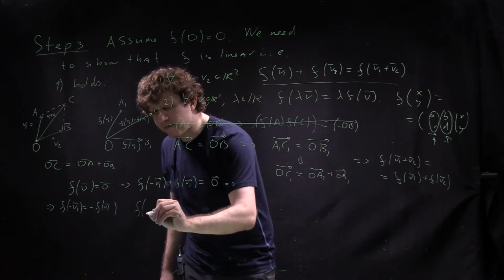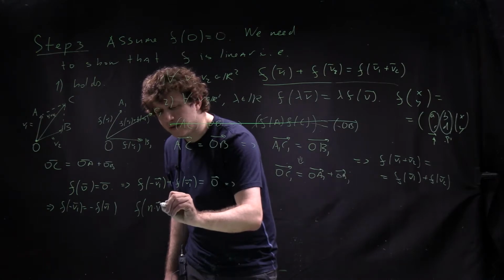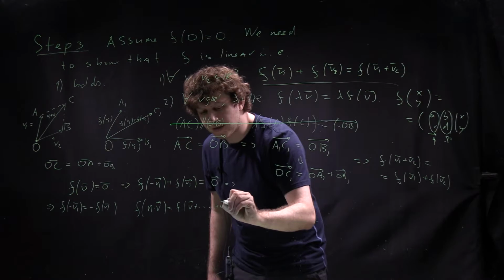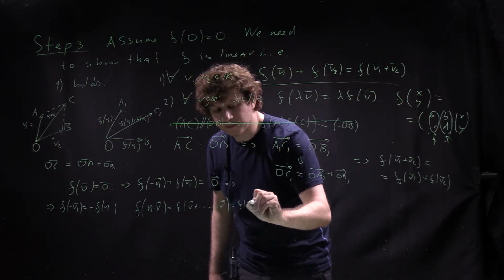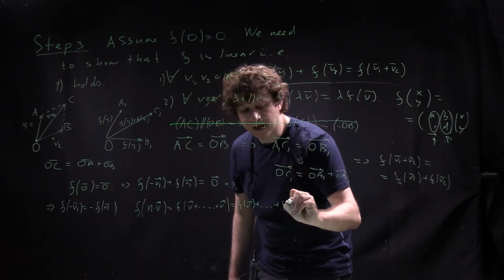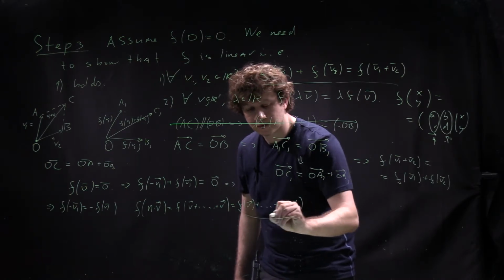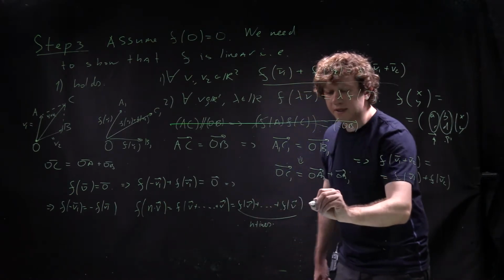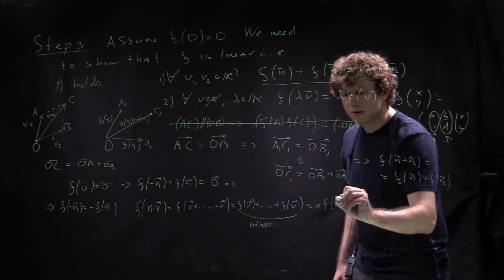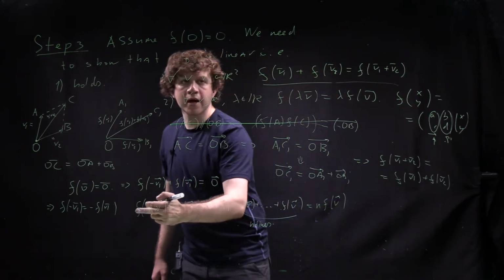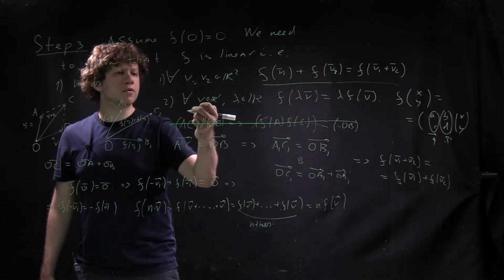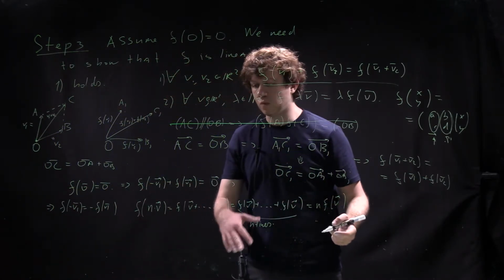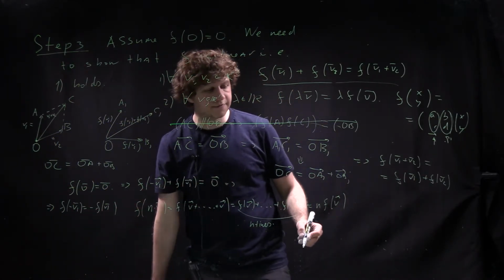Also, if you take f of n times v, this is of course f of v plus v, which equals f of v plus f of v, n times. So this equals n f of v, and so one can take away not yet an arbitrary real number, but at least a positive integer from here. And also from here, that's true for negative integers.